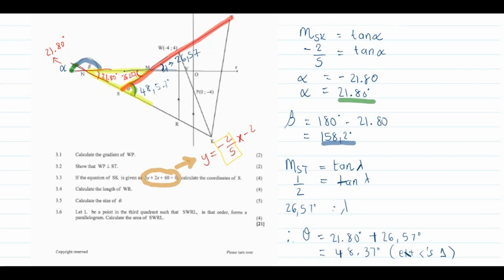Then our angle M is vertically opposite to the angle we call lambda. But we don't have our angle lambda, so how do we calculate it?